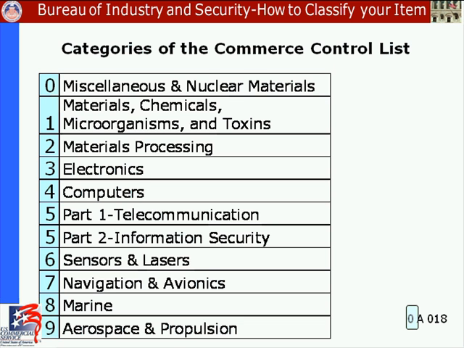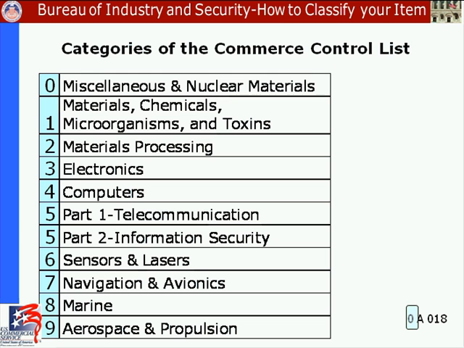And Part 2 is information security systems. Many we call encryption items are in Part 2. Now, Part 1 also covers telecommunication fiber optic cables. And I should tell you this Category 5 Part 2's control is very different from any other category. So if you're interested in that category, you will look in different parts.